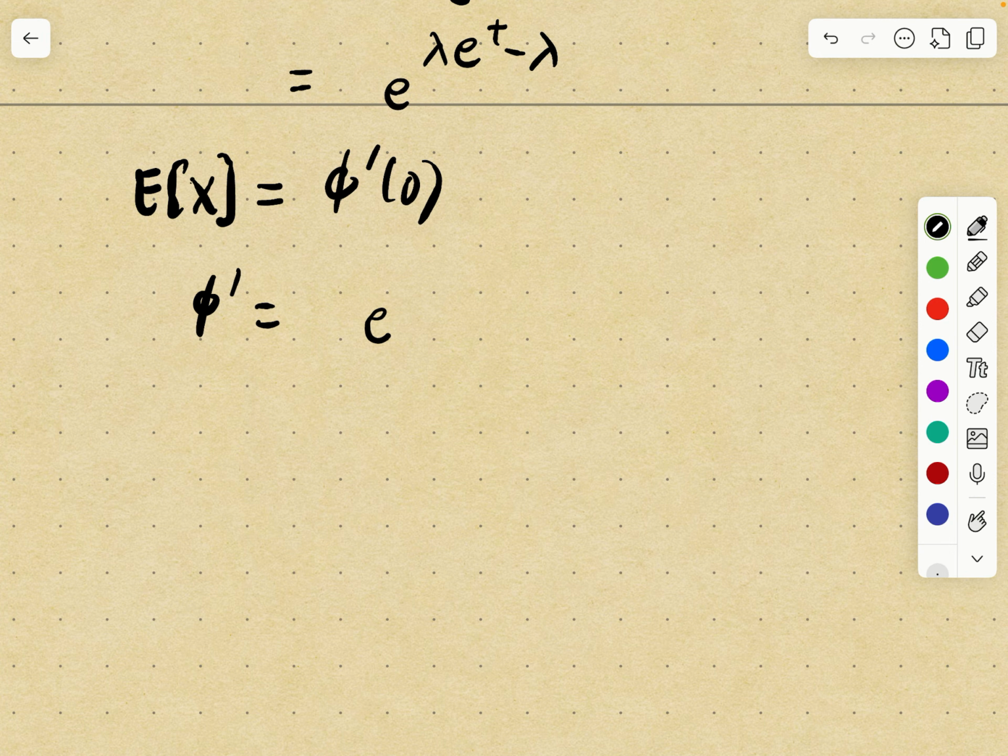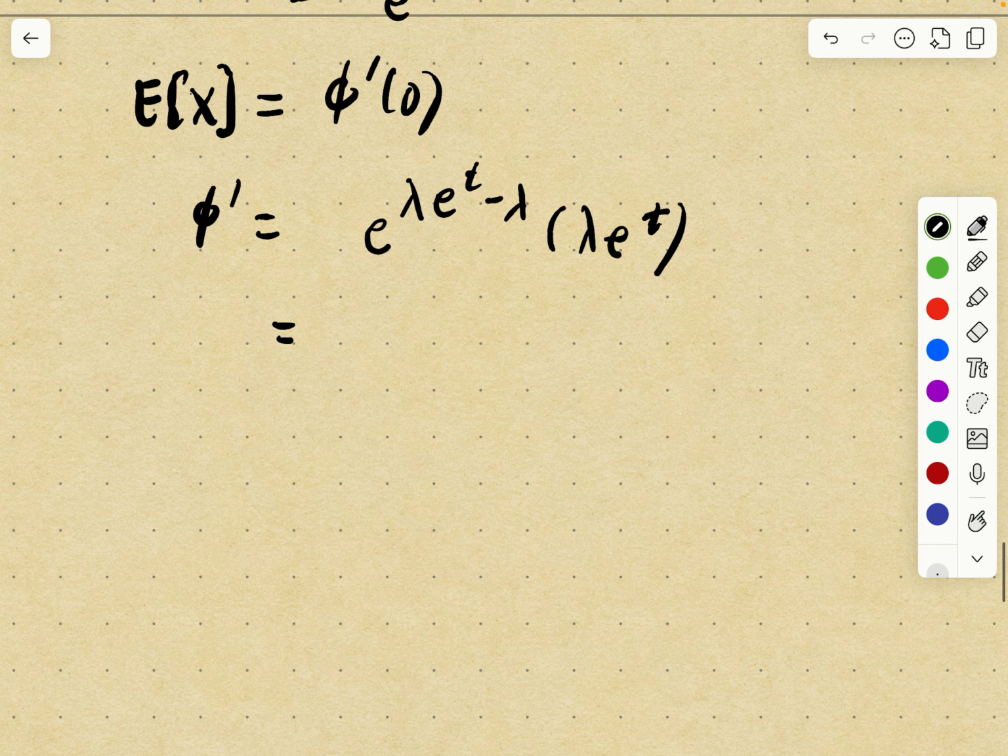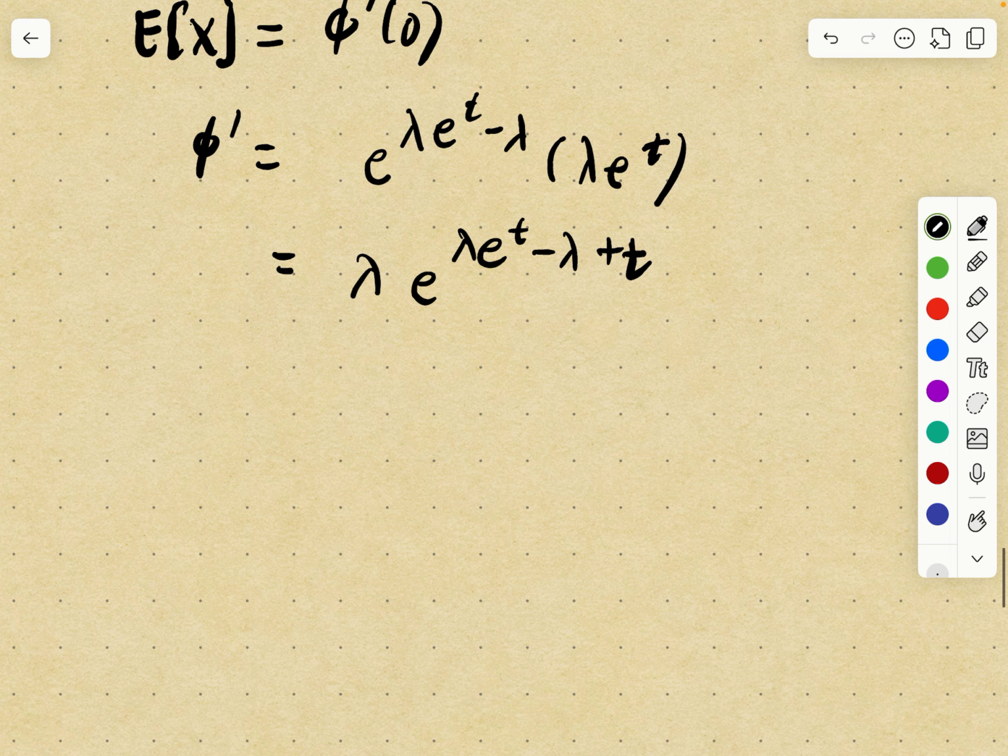It's e to the parentheses lambda e to the t minus lambda, times the derivative of the top, and that's going to give you lambda e to the t. And so this is going to be lambda e to the lambda e to the t minus lambda plus t. Okay, so that's phi prime of t.